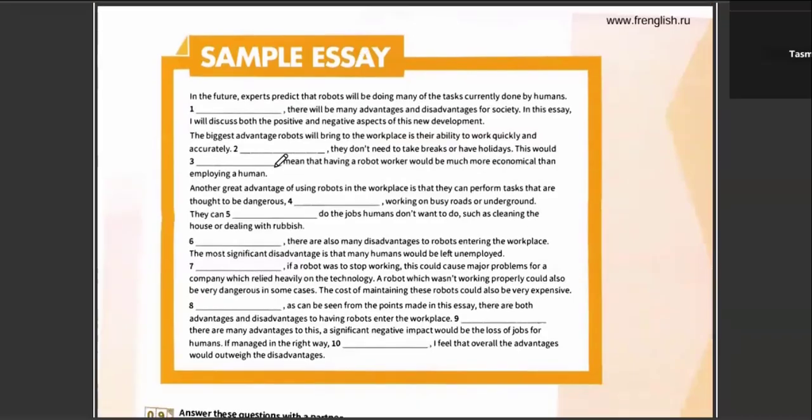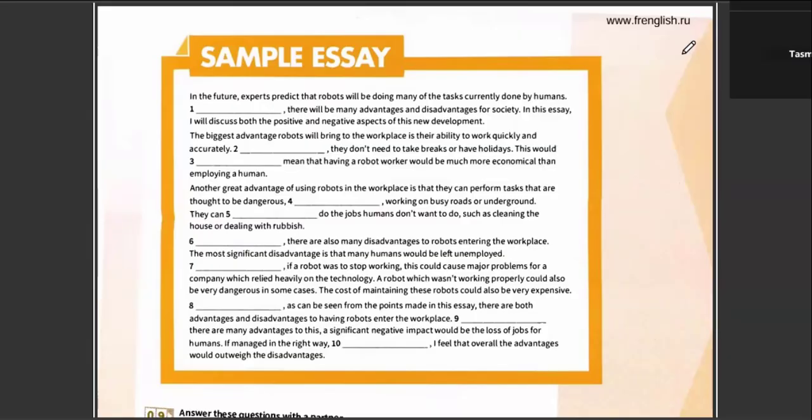By reading the sample essay, it is an advantage for you that you will get an idea of how a proper essay on advantages and disadvantages can be written, how you can form your sentences, how you can link the sentences with the linking words, and how you should mention each of the advantage and disadvantage in each of the paragraphs, right?